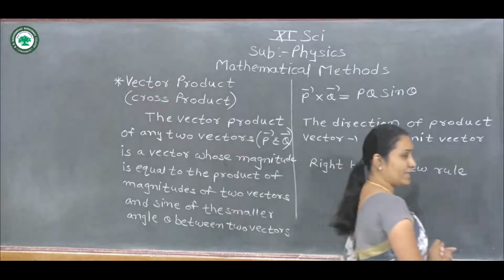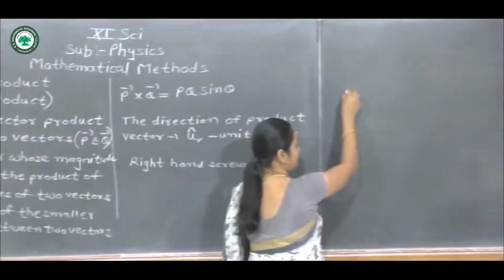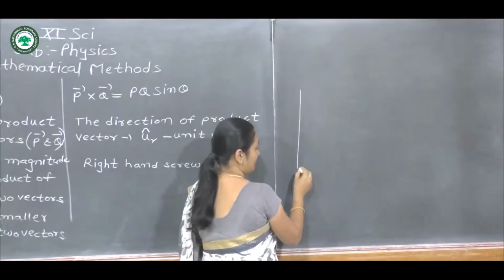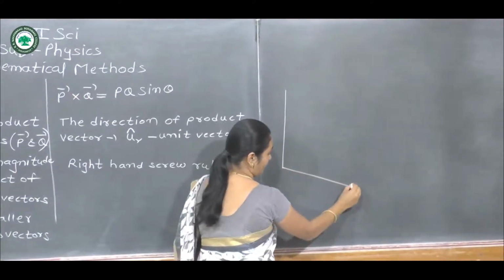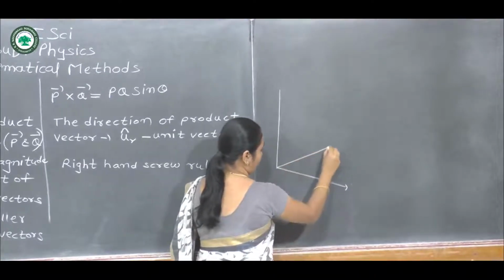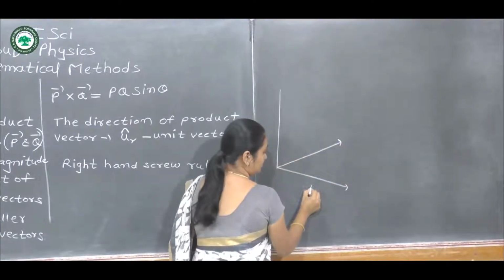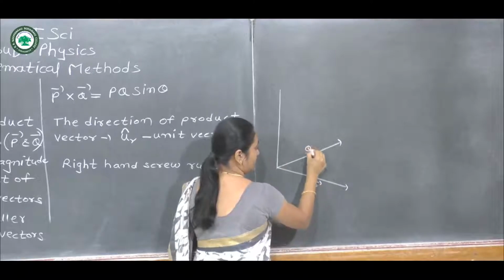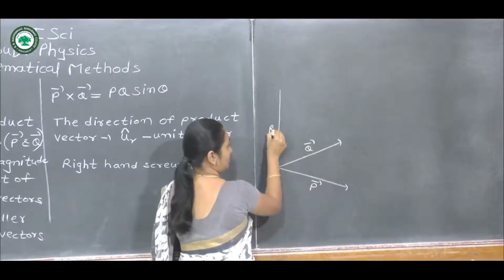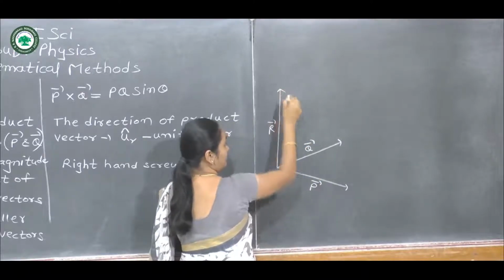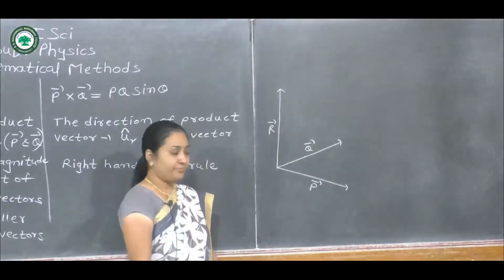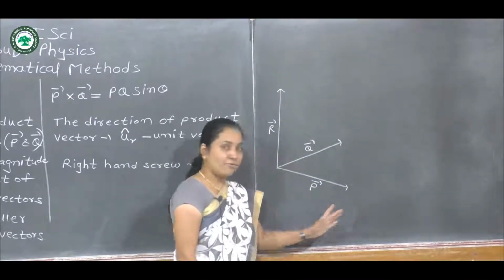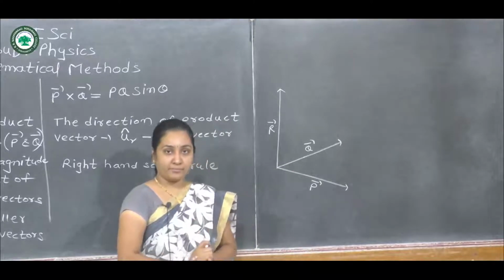Consider here the diagrams. Here this is the first vector p bar.